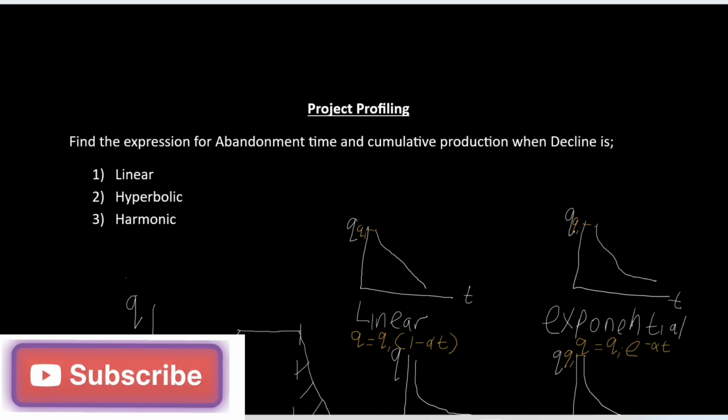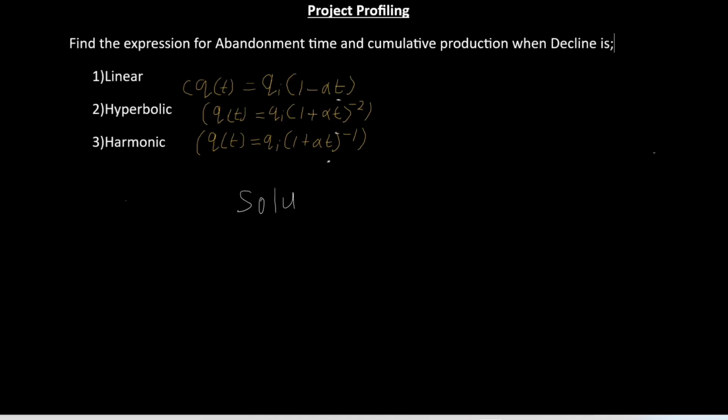So this is our focus in today's solving. So let's start solving. Now for us to get the abandonment time of each of these, we are going to be making t the subject of formula. Okay, so for linear, we're trying to get the abandonment time. So with linear, we have that Q is equal to QI times 1 minus alpha t.